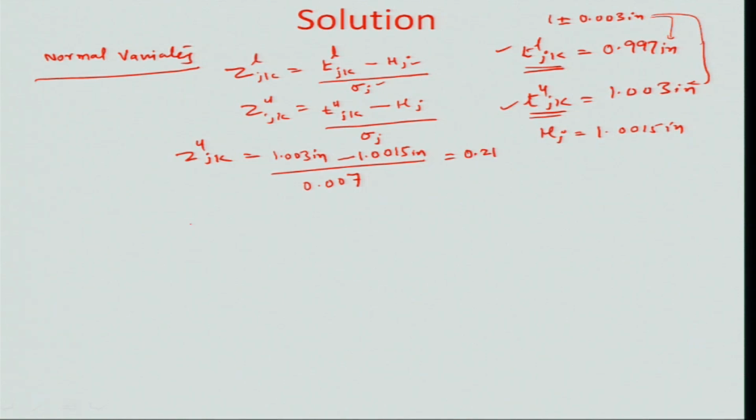In a similar manner we calculate the lower variate, the lower specification, which is 0.997 minus 1.0015, the mu j value, divided by the standard deviation, and this is recorded as minus 0.64.